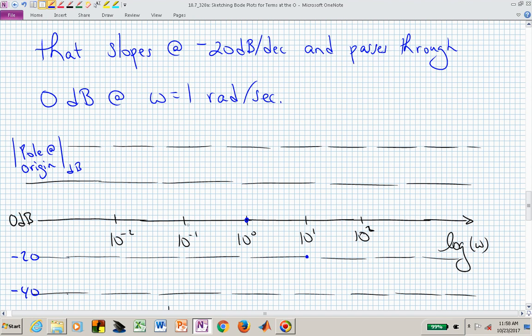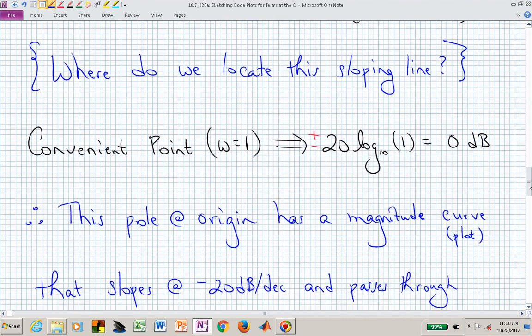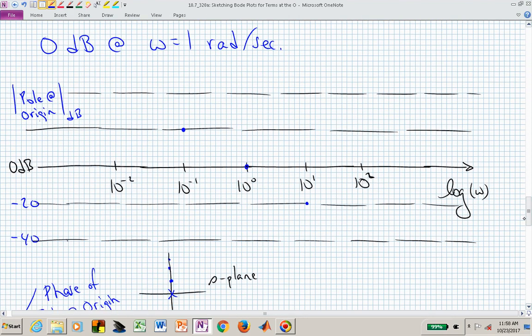So if we went a decade before omega equal to 1 to 0.1, and you look at the magnitude of this expression at 0.1, now you have a magnitude of 10, which in absolute sense is 10, but in dB sense it's 20 log of 10, so it's 20 times 1, or it's 20 dB. We go back another decade, it's 20 dB higher, and if we go to 100, now we are 20 dB lower than we were at 10.